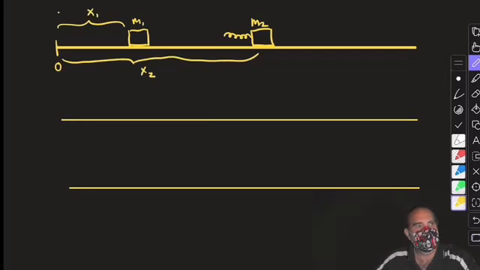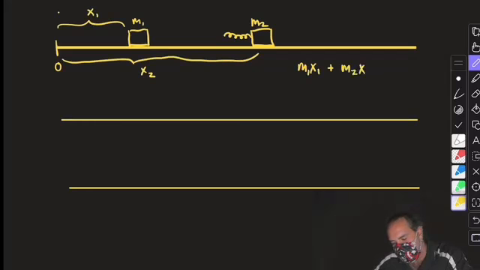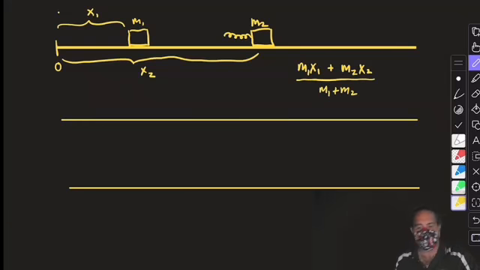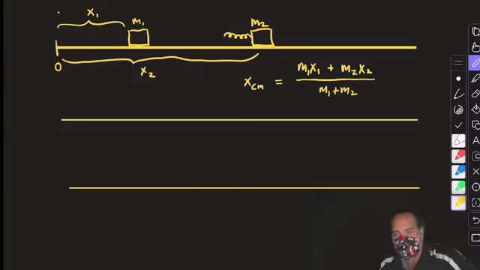Okay so far? The center of mass of the system would be m1x1 plus m2x2 all over m1 plus m2. Center of mass of the system. XCM equals that. We good?